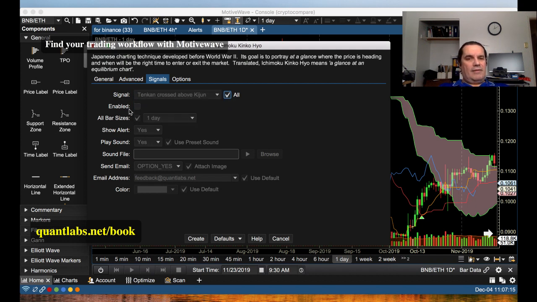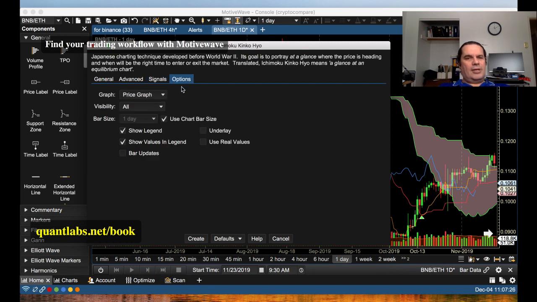Plus here we have the ability to do alerts, play sound, and email out your alert. Okay, that's an important step. Also in here we can do some other things as well on the charting. This is standard, the general standard. The signal is the key to it all.